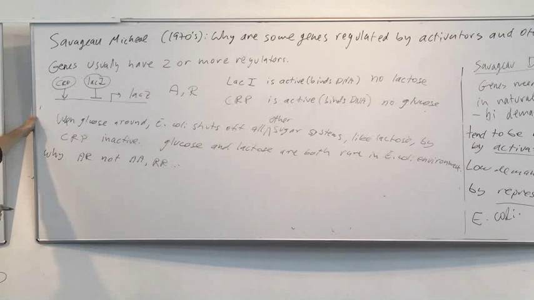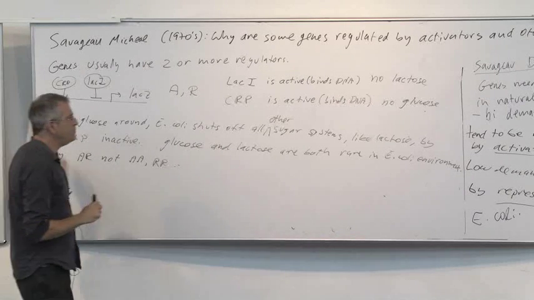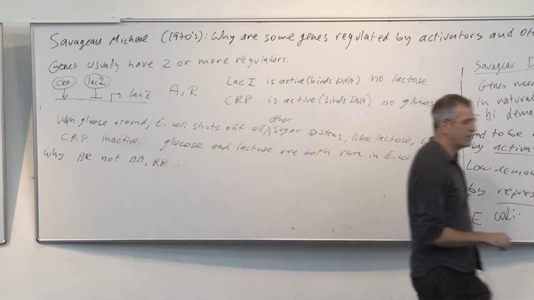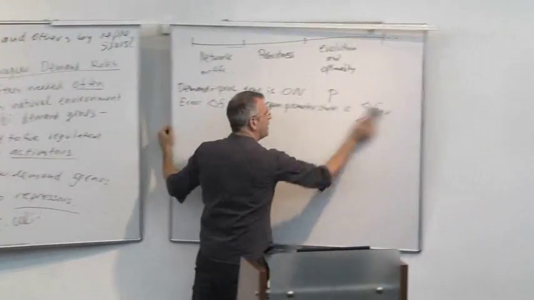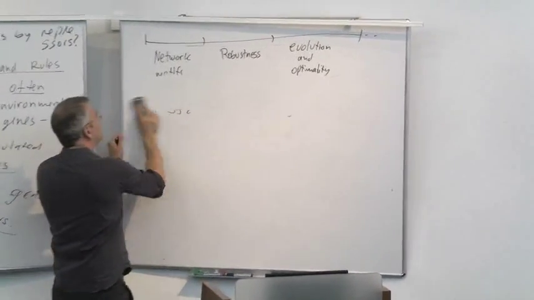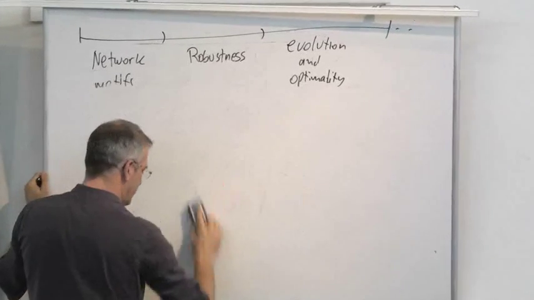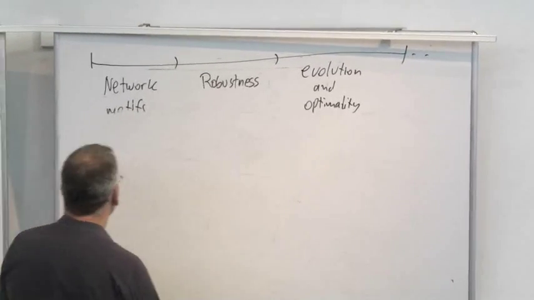So let's analyze the situation. There exist genes with AA, genes with RR. It's not that they don't exist. So let's analyze it.